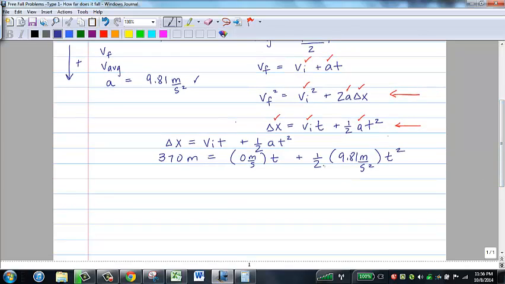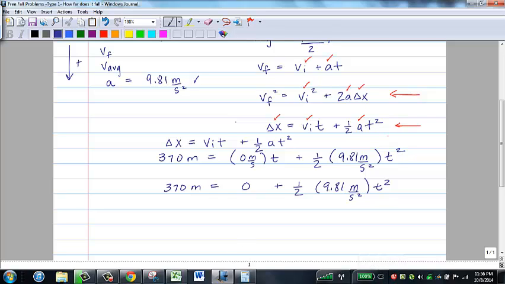So we'll simplify this a bit. 370 meters equals 0 plus 1/2 of 9.81 meters per second squared times t squared. So I'm going to simplify one more time before I actually solve for t by dropping out this 0, adding it to 1/2 9.81 meters per second squared times t squared.